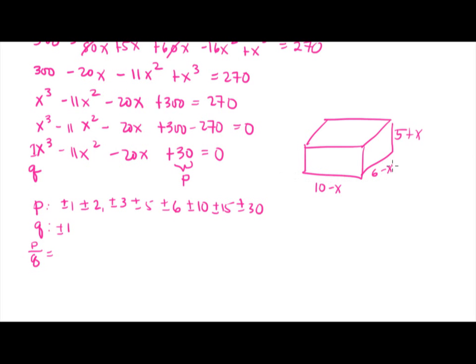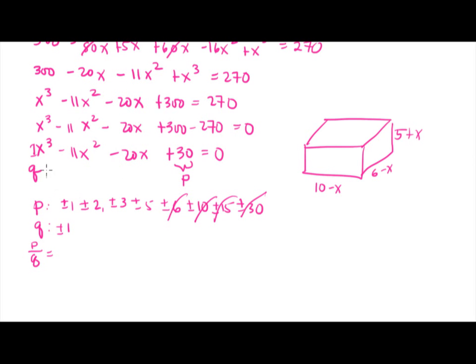And even smaller for 6 minus x, because you cannot have an x bigger than 6. So the 30, the 15, the 10, and the 6 cannot be used as options. So you have only 1, 2, 3, and 5 to try.